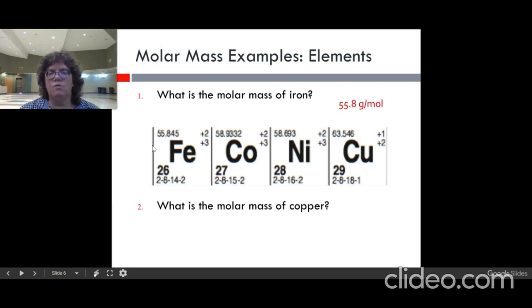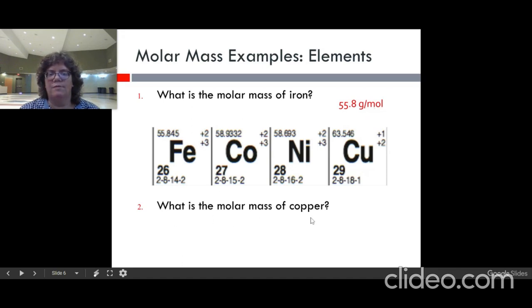We will always round that, and actually we will round it to 2 places past the decimal, unlike this, which is just 1 place past the decimal. So always round that to 55.85. And please remember to put in the units. It is grams per mole. So anytime you write the molar mass, you have to write it as grams per mole.